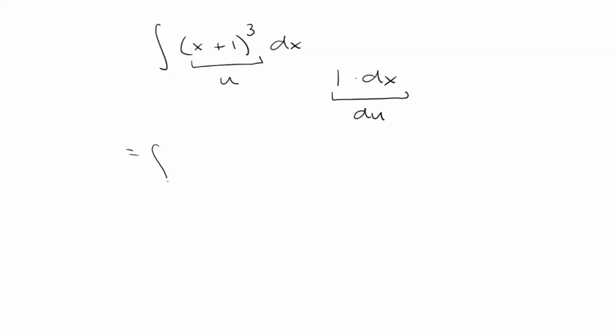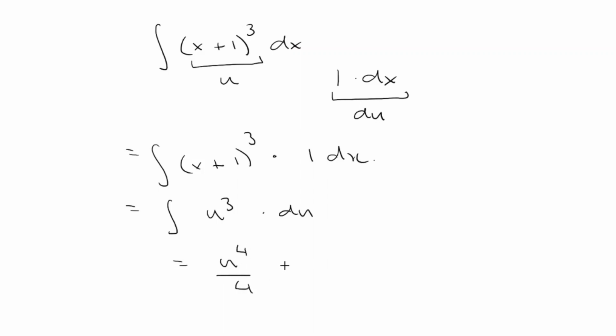Well, that's really the integral of x plus 1 cubed times 1 dx, which is as is. So this one's actually not too hard at all. So that's u cubed with respect to u, which is u to the power of 4 over 4 plus c. And substituting our terms back, we've got x plus 1 to the power of 4 over 4 plus c.